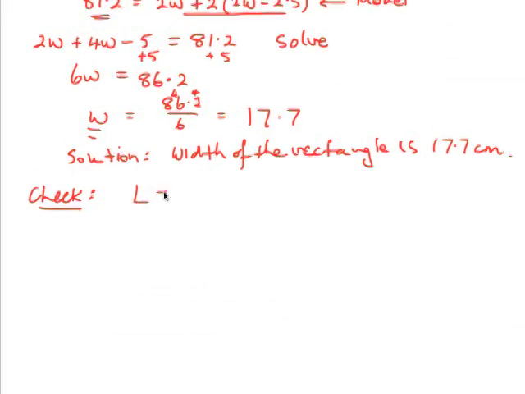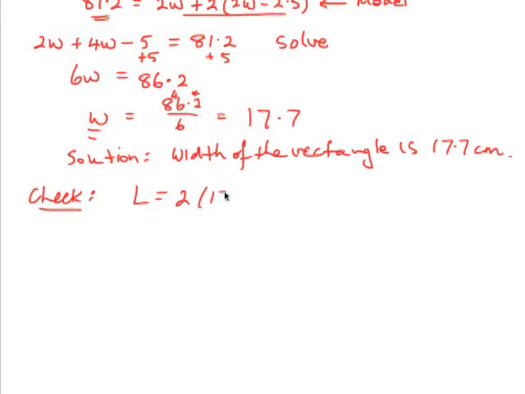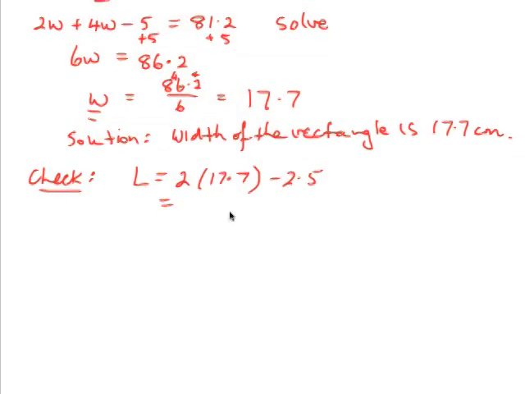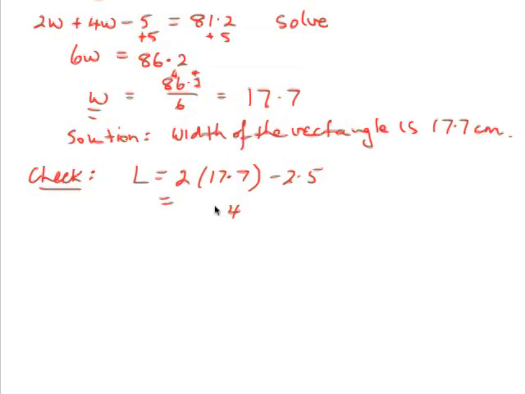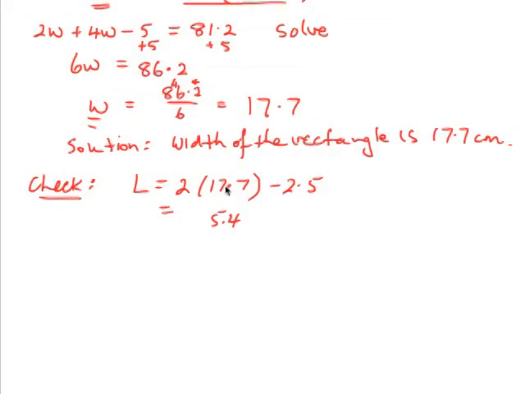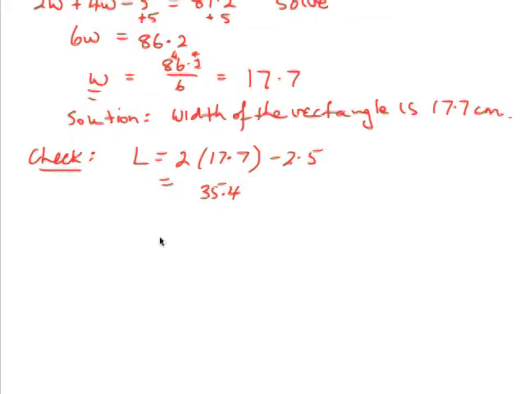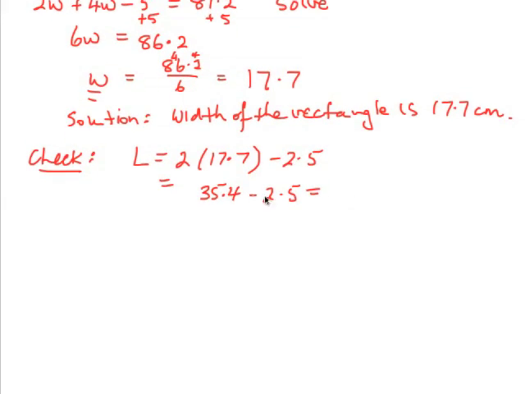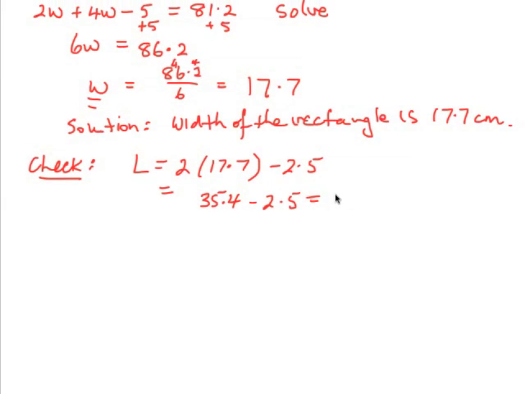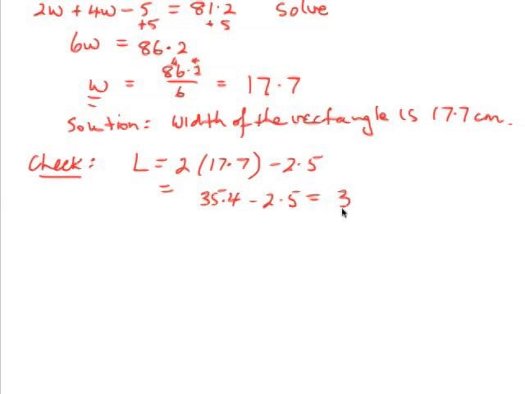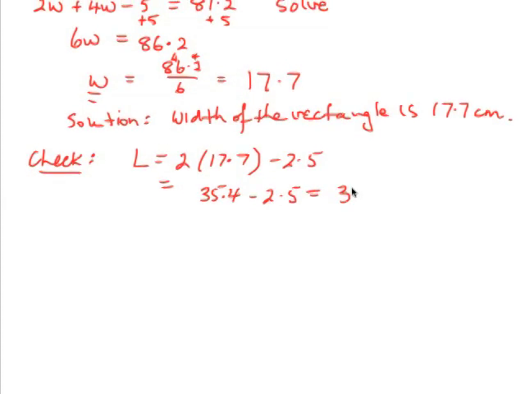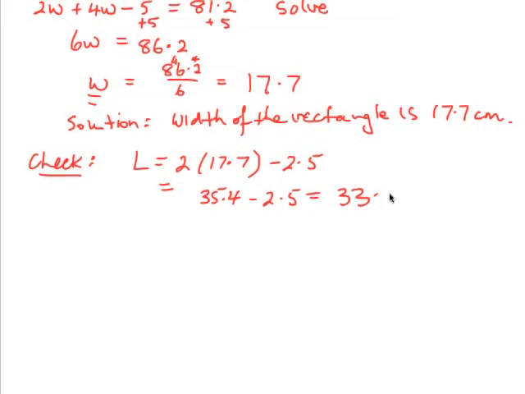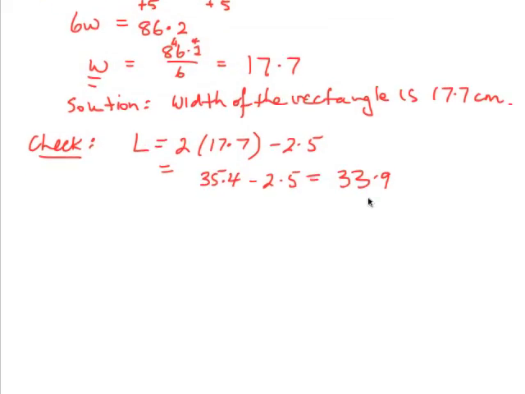The length would in fact be 2 times 17.7 minus 2.5, so 35.4 minus 2.5.